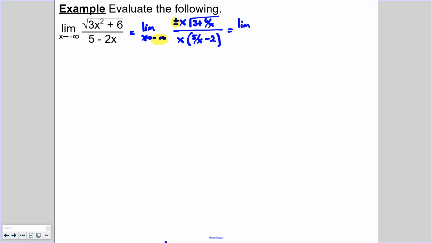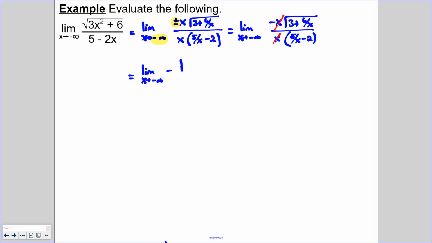So that means we'll have the limit as x approaches negative infinity of negative x times the square root of 3 plus 6 over x squared all over x times 5 over x minus 2. And we have a factor of x in the numerator, a factor of x in the denominator, so we can cancel those out again, leaving us with the limit as x approaches negative infinity of negative the square root of 3 plus 6 over x squared all over 5 over x minus 2.